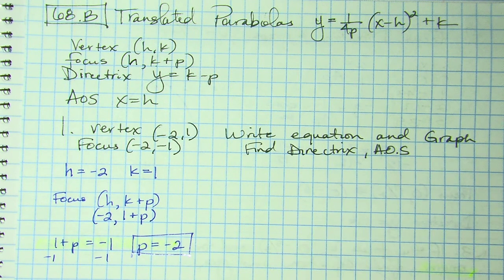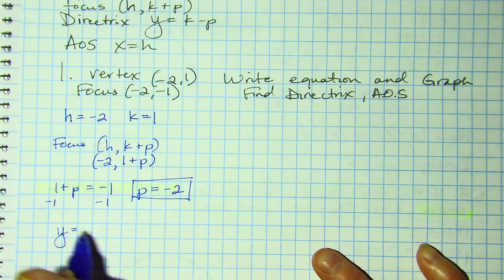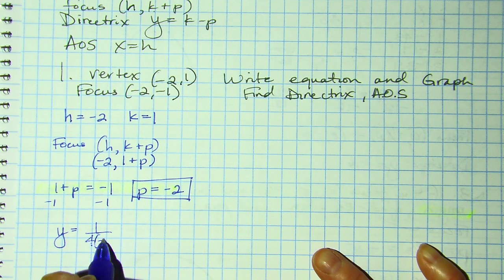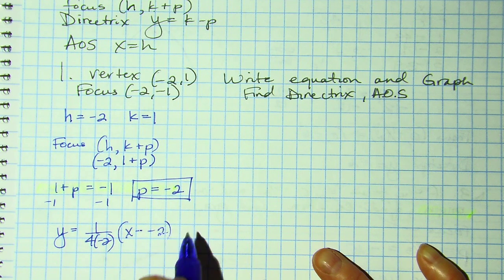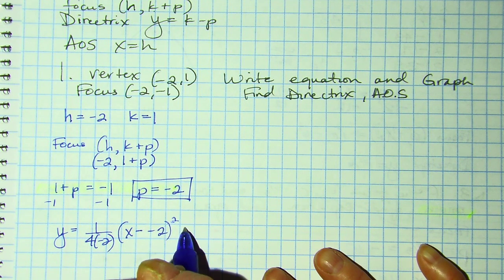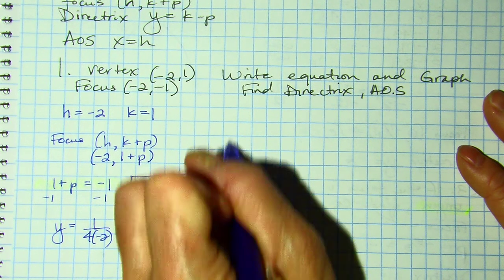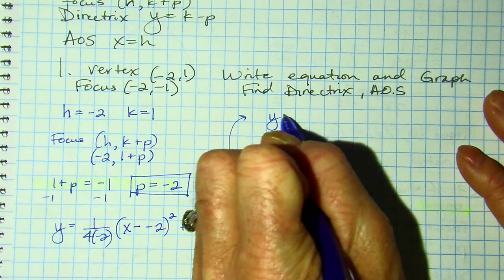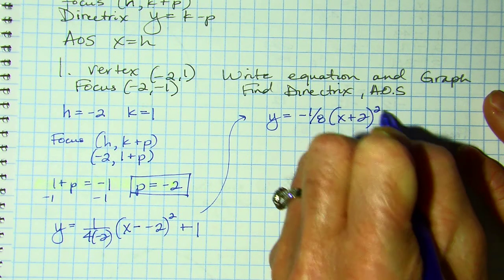And so I'm going to plug that into our equation based on what I have. Y equals 1 over 4 times negative 2 times x minus h, which is negative 2, squared, plus k, which is a 1. And we're going to simplify that. So my equation is y equals negative 1/8 times x plus 2 squared plus 1.